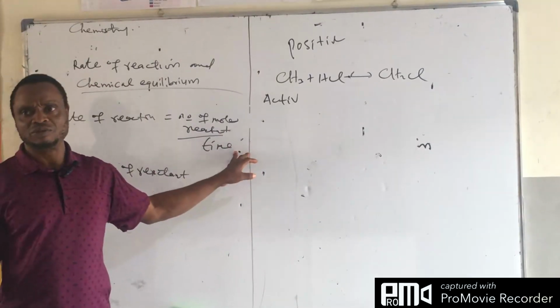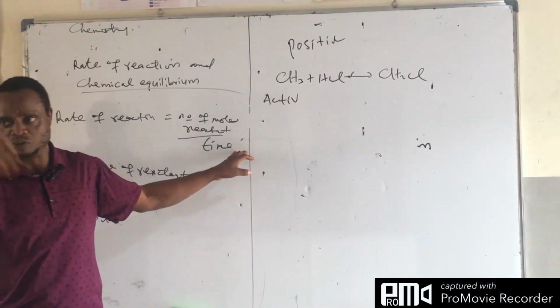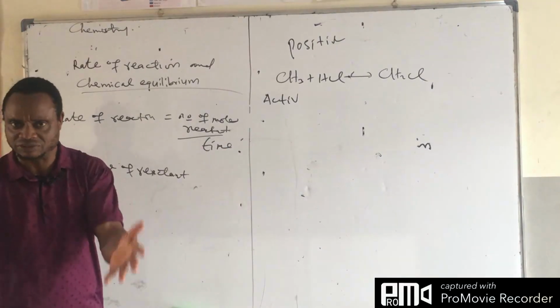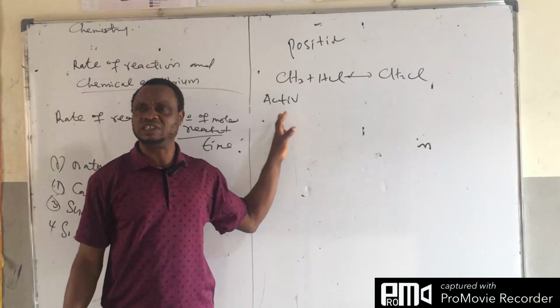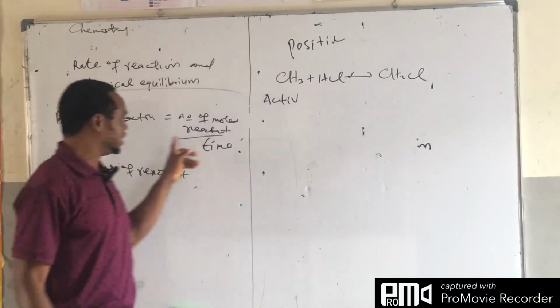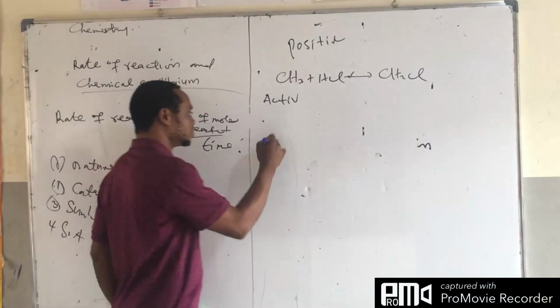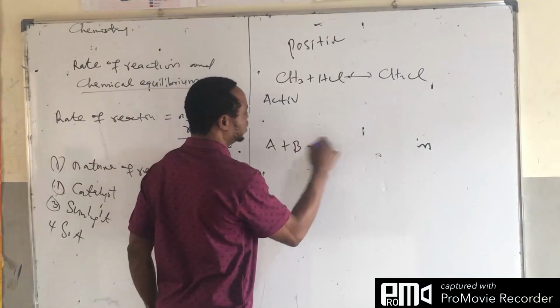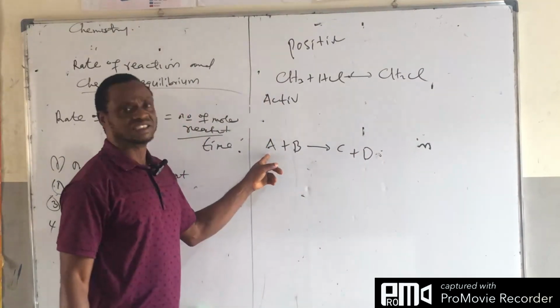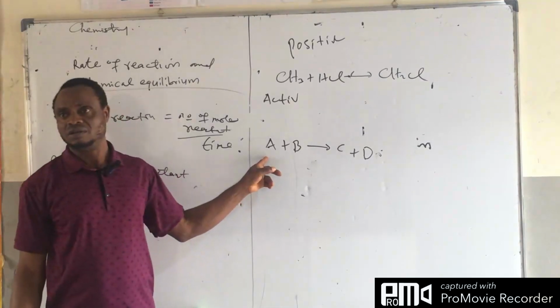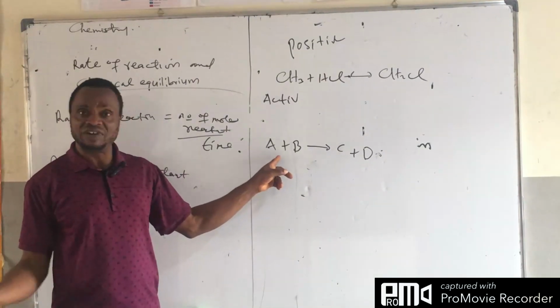Normally in life, when two things are coming opposite, they collide, they hit themselves. That's collision. Now, coming here, every particle that is reacting, all the reactants, when you say A plus B, to give us C plus D, for example.